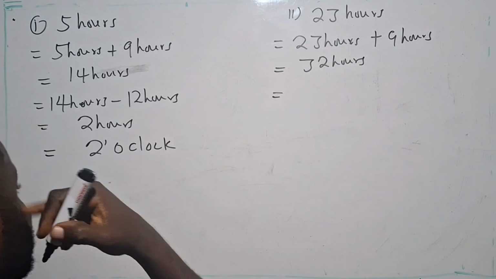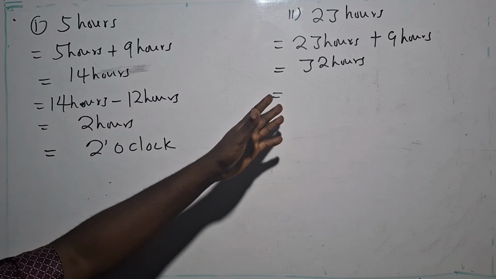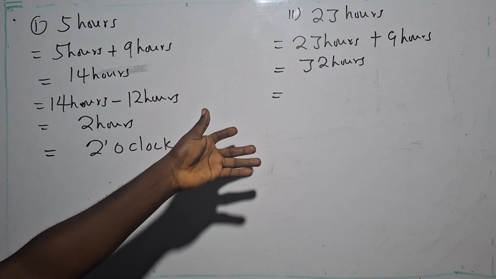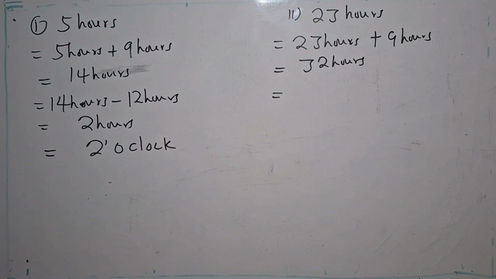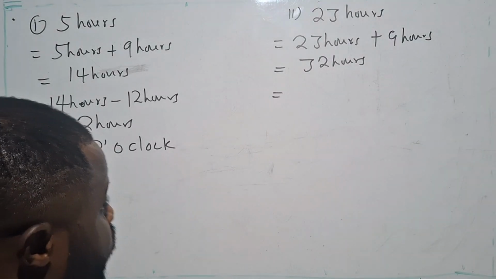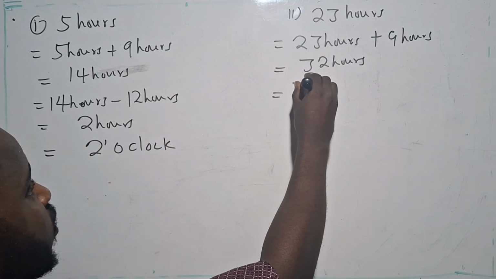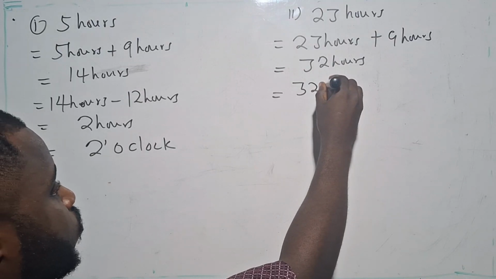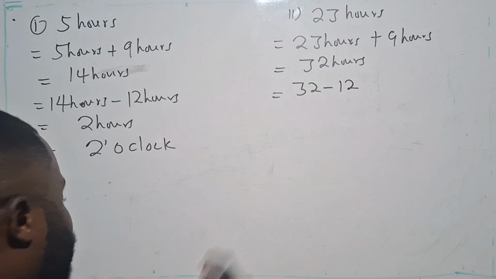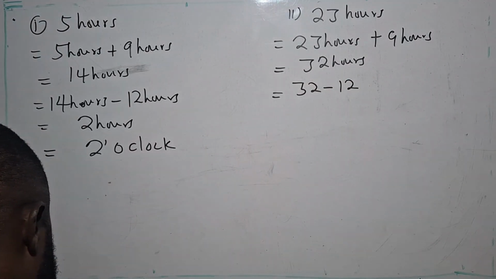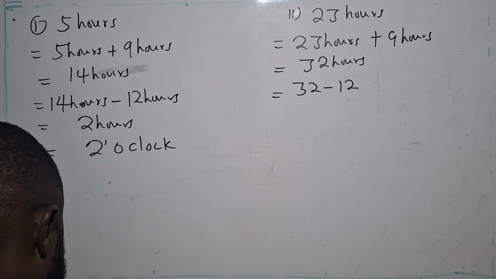32 hours is the same as 32 mod 12. 32 is not accepted in mod 12, so it should be lesser than the mode we are working with. So we have to use the continuous subtraction method or the division method. We have 32 minus 12. Is it going to be lesser than the mode?